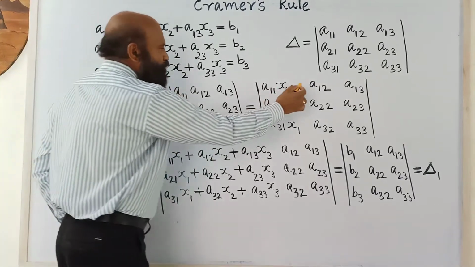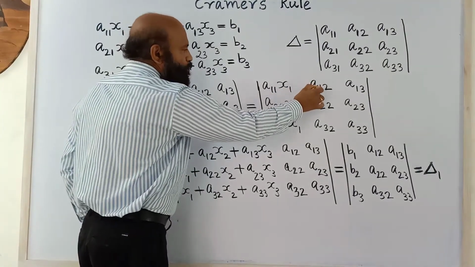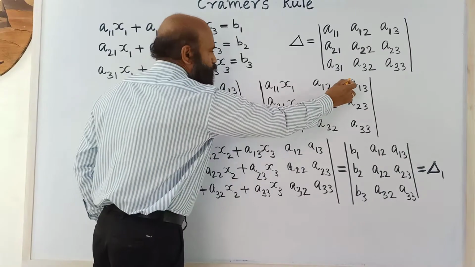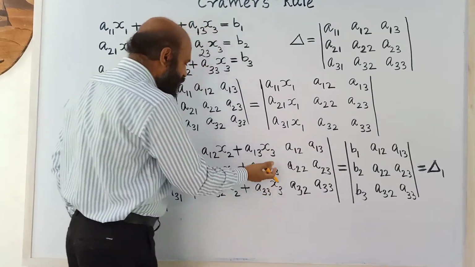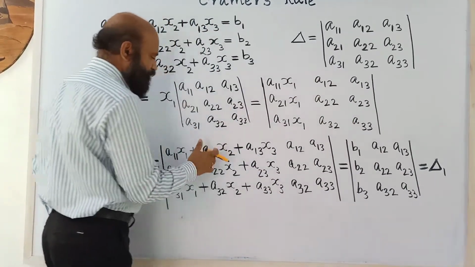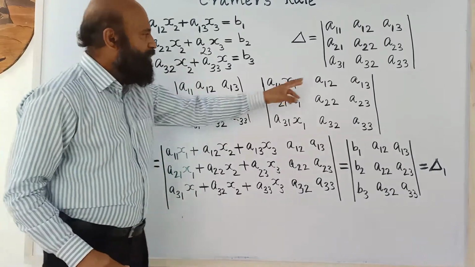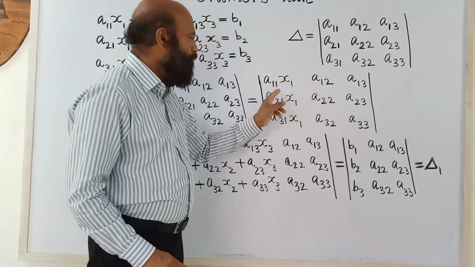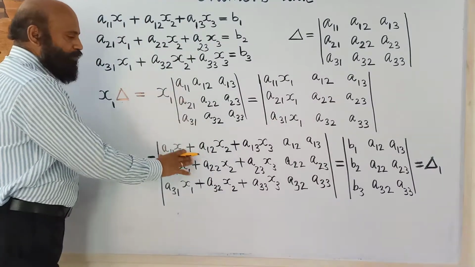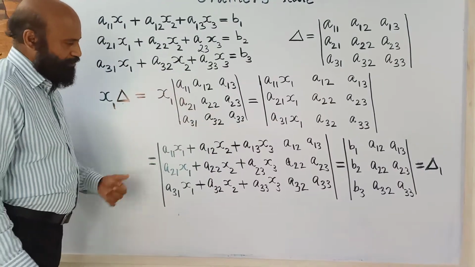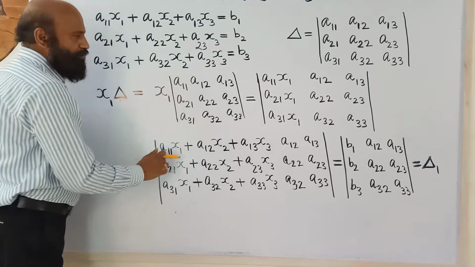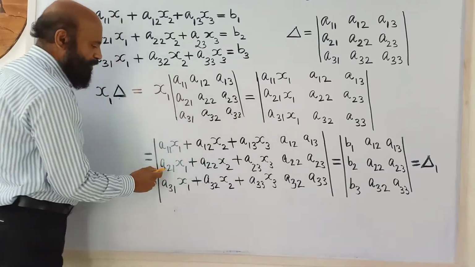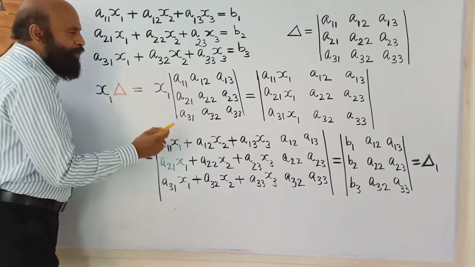You multiply this column fully by x2, this column fully by x3 and add that to the first column. By adding a multiple of a column to another column, its value will not be affected. So the value of this determinant is equal to this.